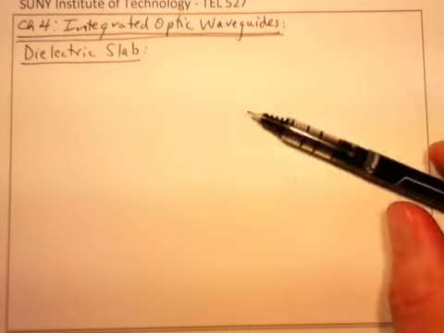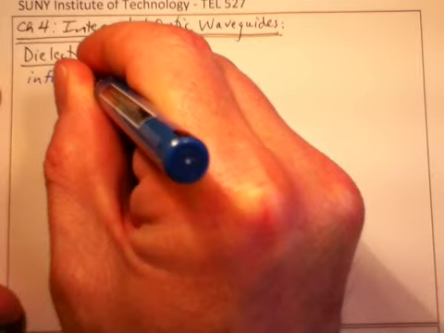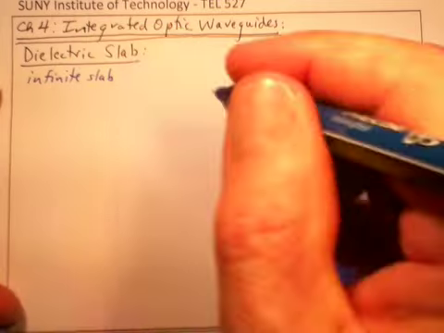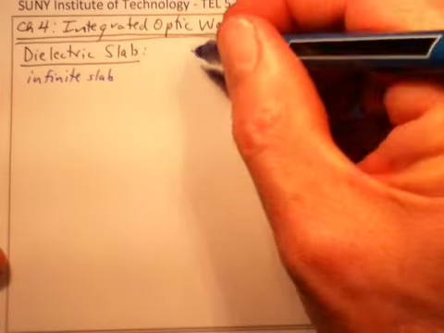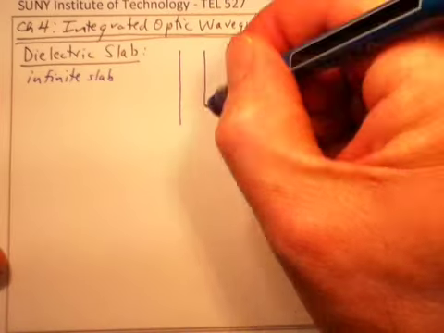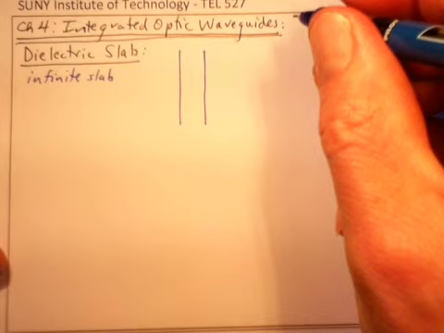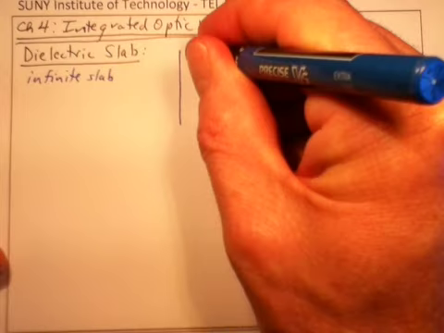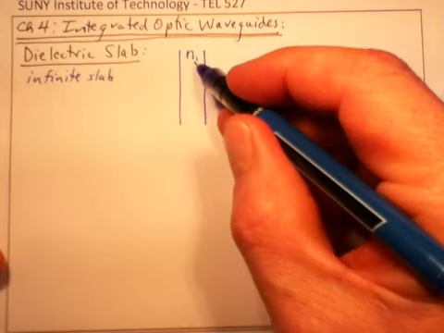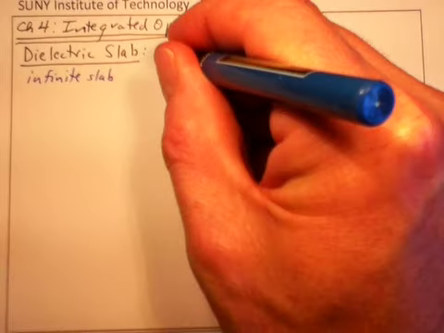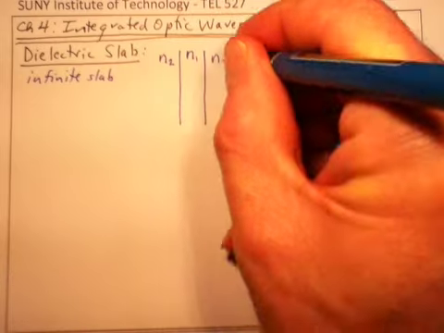So we'll start with what's called the dielectric slab, and this is sort of an idealization of a waveguide where we consider an infinite slab. Here's the slab, and it's in the vertical, and I'll write N1 is the refractive index of the slab, and on the outside of the slab we have indices N2 and N3.